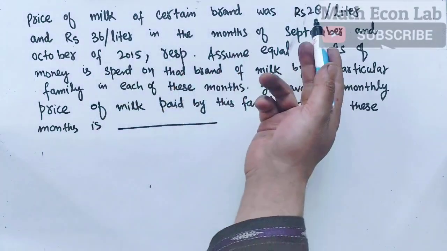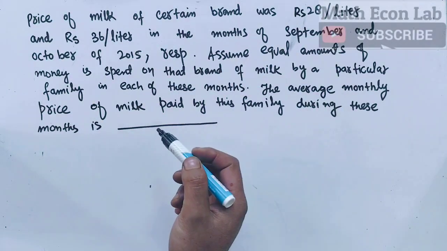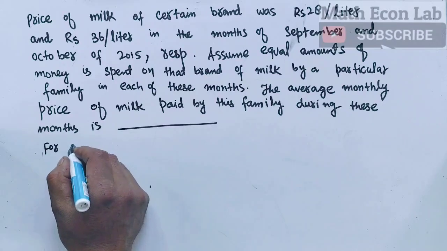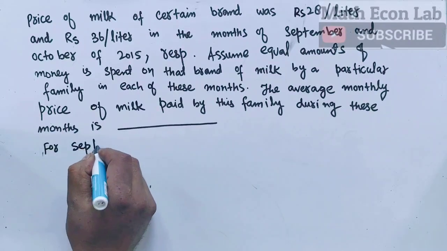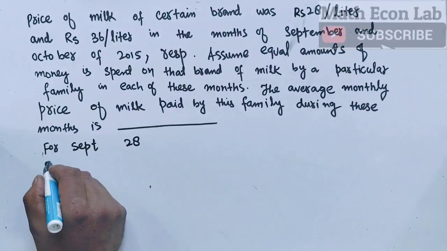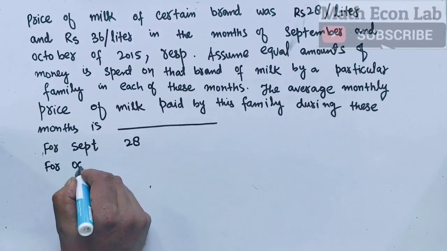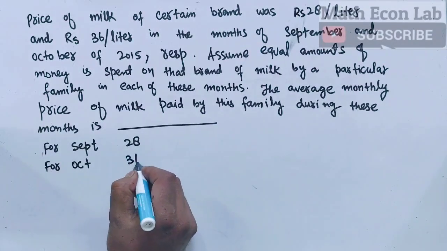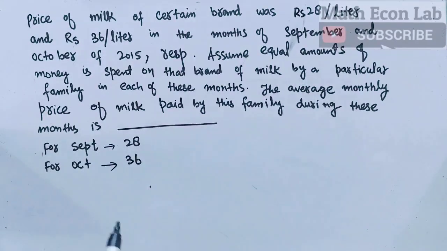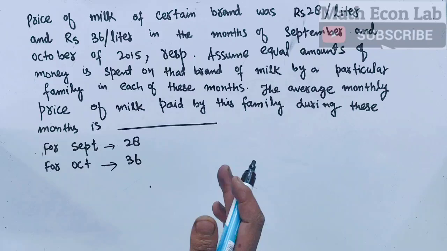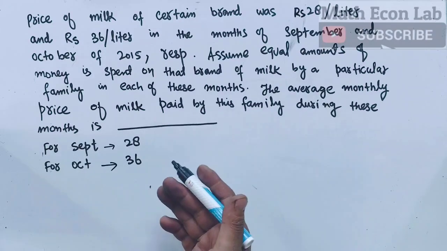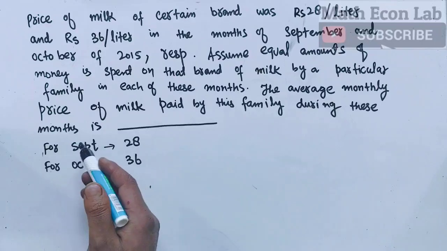So price of milk for September is 28 rupees. For October it is 36. We are also being told that this family spends equal amount of money for the consumption of milk for September and October.